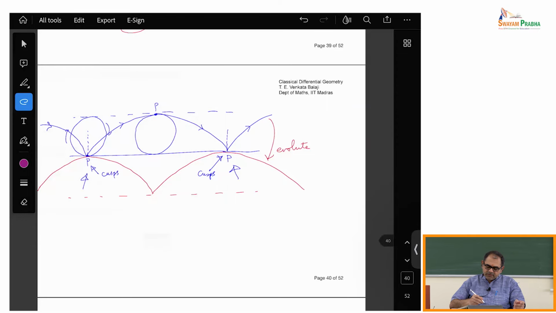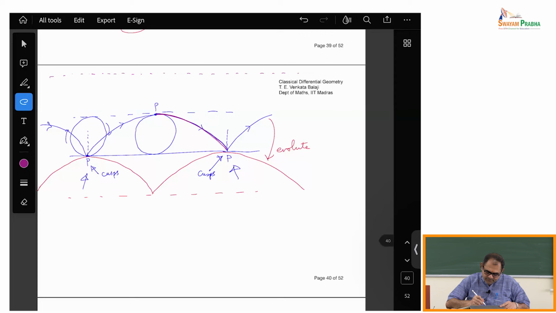So you see what will happen is that you will get this. The way you take the involute is that you take this piece of thread from here to here, and you pull it out. And what you will get is again the same cycloid back.